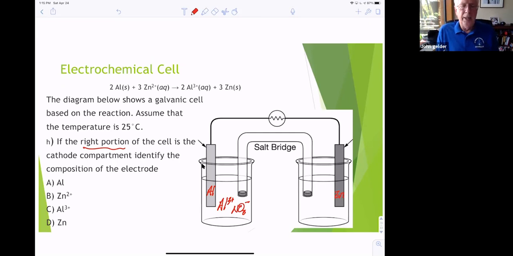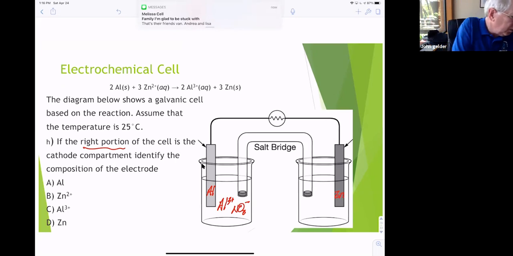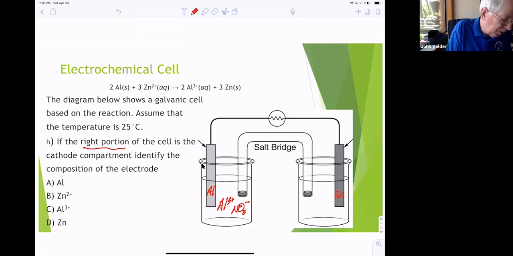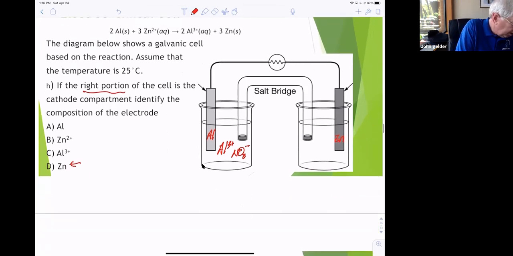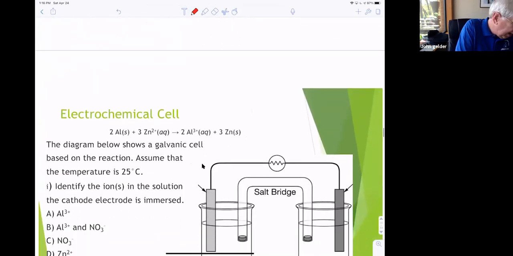There isn't a metal in that half reaction, yet we still need an electrode with metallic composition. And so sometimes platinum is a nice inert metal that's not going to cause any side reactions from occurring. But in this case, zinc is going to be the preferred choice for the composition of the cathode.